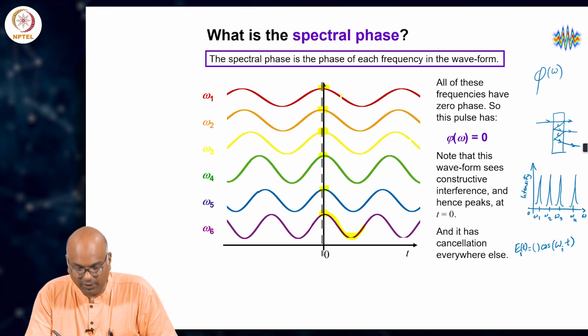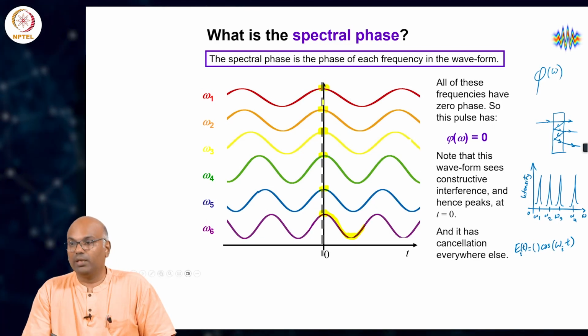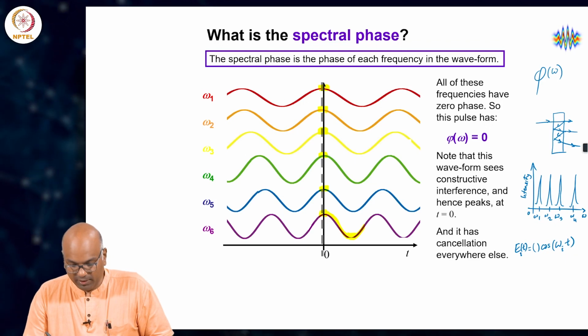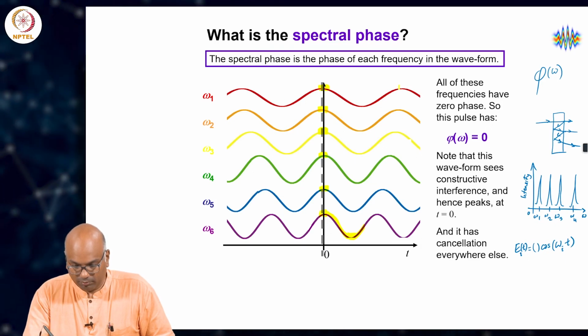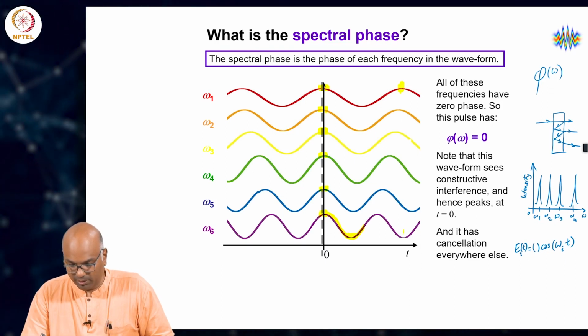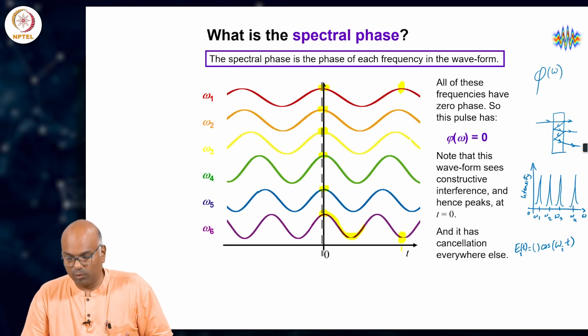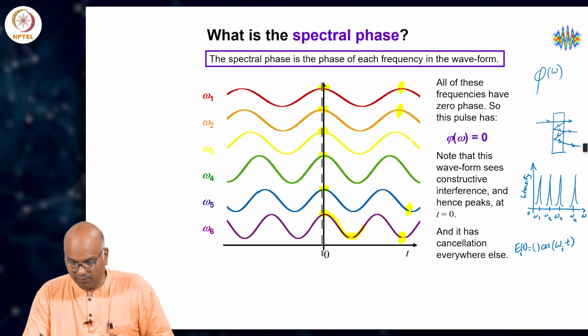If it is fields, fields will take negative values, right. So, close to 0 they add up the best, they interfere most constructively, elsewhere they start interfering destructively. For example, take the next maximum here, it coincides with the negative maximum for the last frequency omega 6 more or less. So, they start to cancel out each other, if we can visualize it somewhat like that.